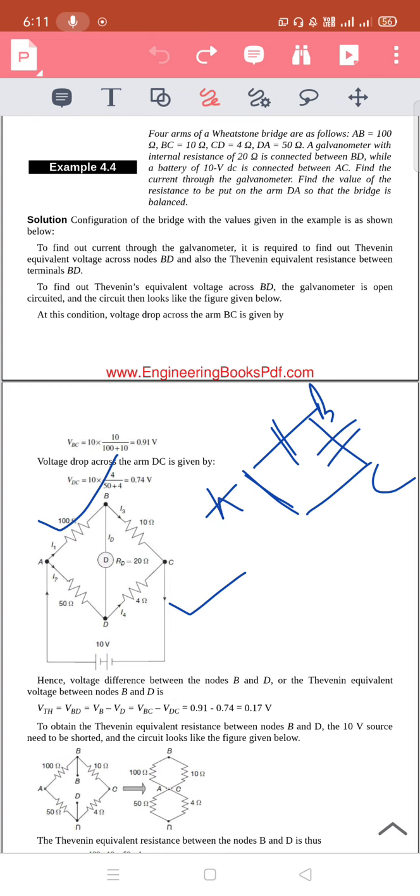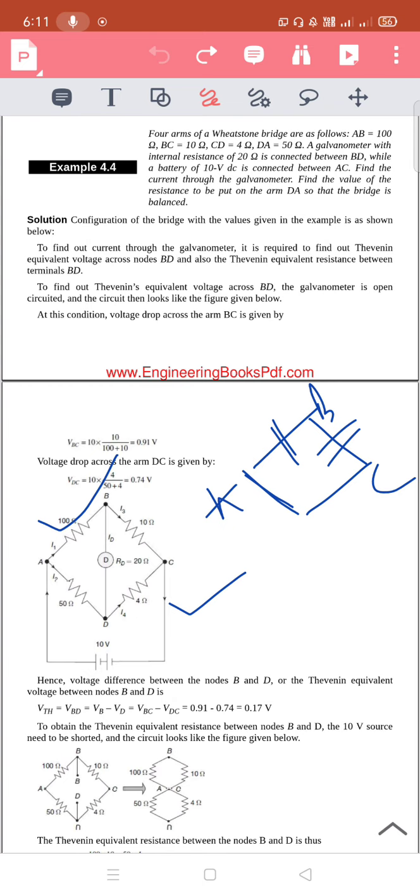So first we have to find our current. Before that, we have to find the voltage between BC and the voltage between DC.